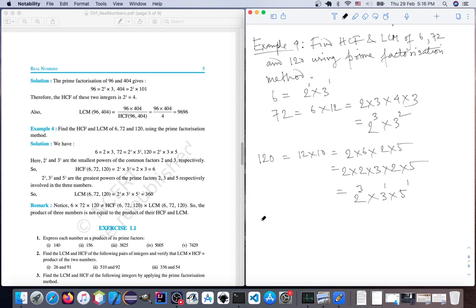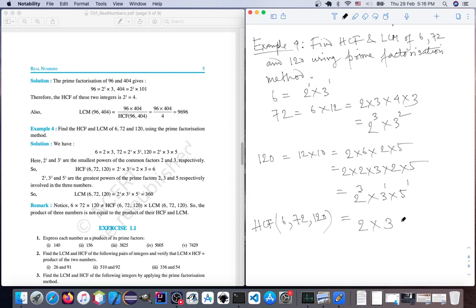So what will be the HCF of 6, 72 and 120? First, we identify the common prime factors. In 6 we have 2, 3, also in 72 we have 2, 3, also in 120 we have 2, 3. So 2 and 3 are the common prime factors. We write it down.